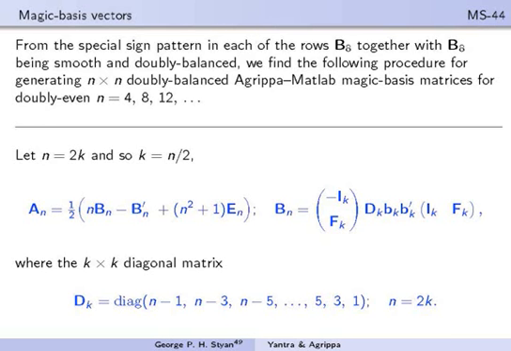Here's the formula for An, and now look at the formula for Bn. We have in the middle there a column vector bk, where k is n over 2, and its transpose. The diagonal matrix Dk does the scaling, and the big matrices, which are the partition matrices, inflate the little reduced thing in the middle to the full Bn. So all we need is the generator b sub k.